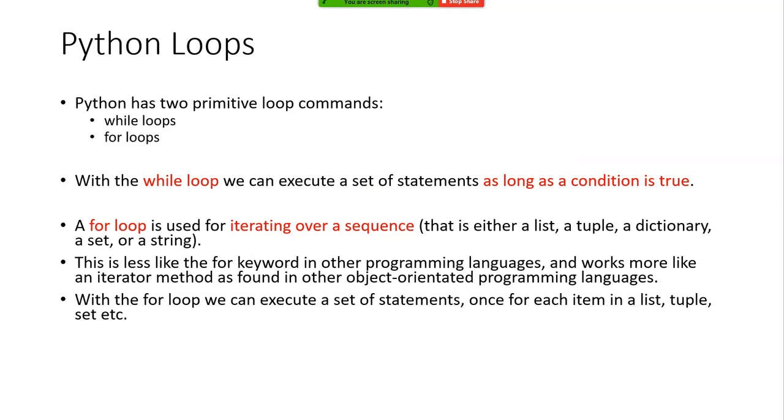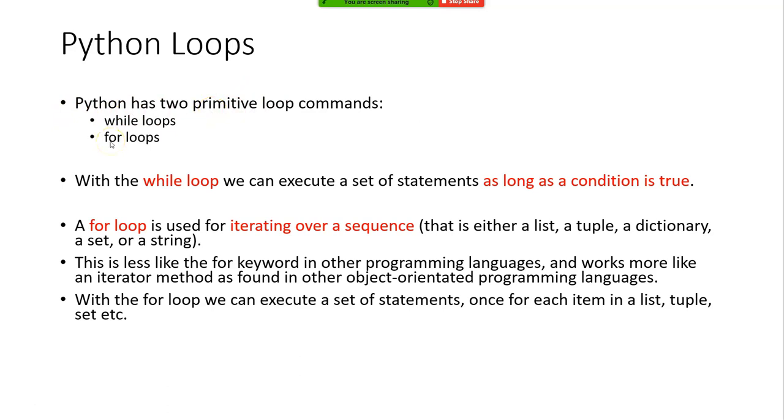Okay. So Python, loops. We saw the conditions, right? If, else, we saw, and we also saw nested ifs, nested if else. Now, it's a kind of a loop, right?